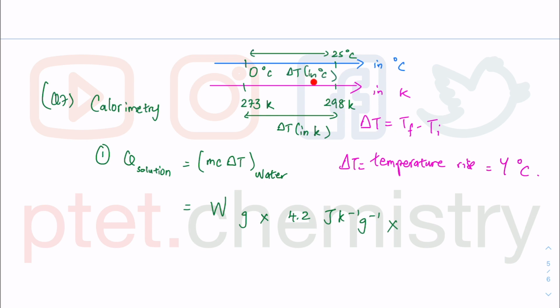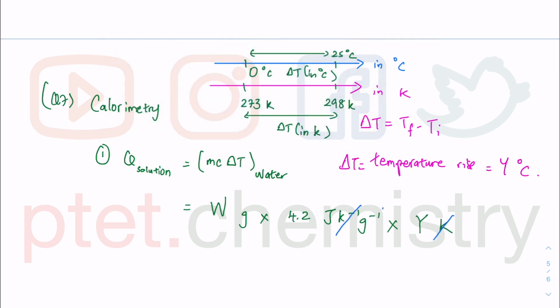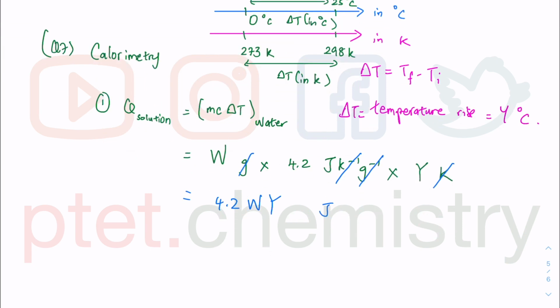The difference in temperature is always going to be the same whether you're in Kelvin or degrees Celsius. So the delta T in degrees Celsius, I can show as y Kelvin. Now you can see the per Kelvin and Kelvin cancel, the gram and per gram cancel. You get 4.2 W times y. This is given in joule.